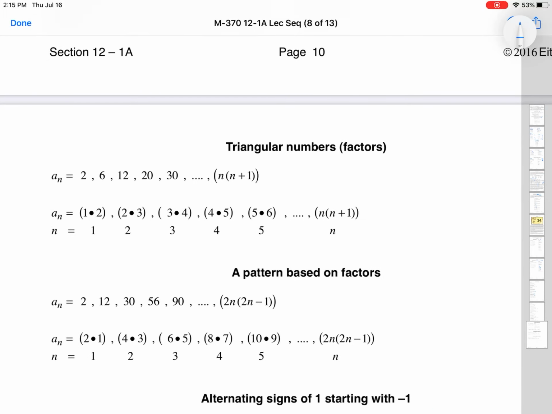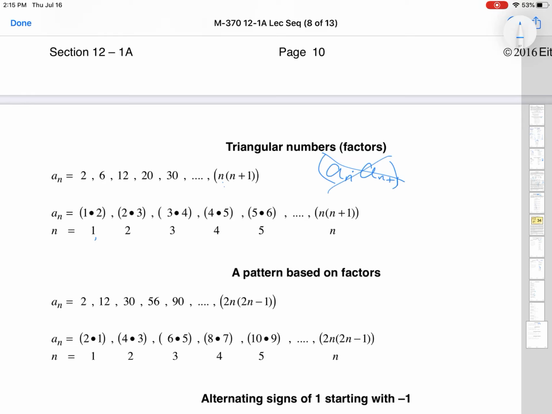Triangular numbers. This happens sometimes where you take 2 numbers and multiply them together, n times n plus 1, to get you your nth term. So remember, this is the n, this isn't a sub n times a sub n plus 1. I hope I didn't misspeak there and confuse you. That is not what they're saying. They're saying take the n that you're plugging in, and go one more integer up and multiply them.